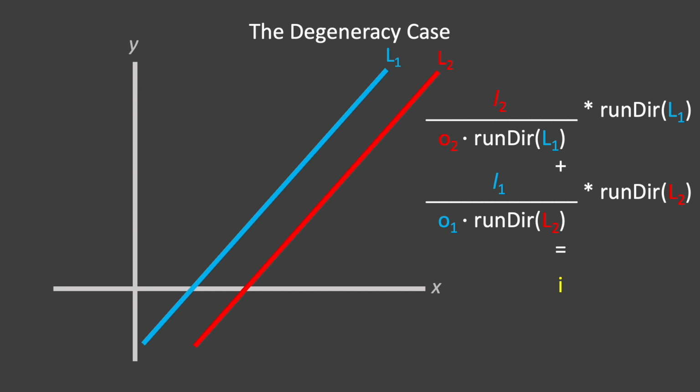Now we're going to look at the degeneracy case. And in this case, L1 and L2 never intersect. And because we're dealing in 2D geometry here, Euclidean geometry states that this means that L1 and L2 must be parallel. So in turn, that means that these 2 lines share the same orientation direction.